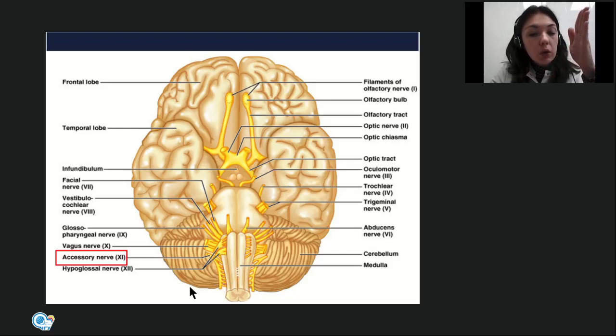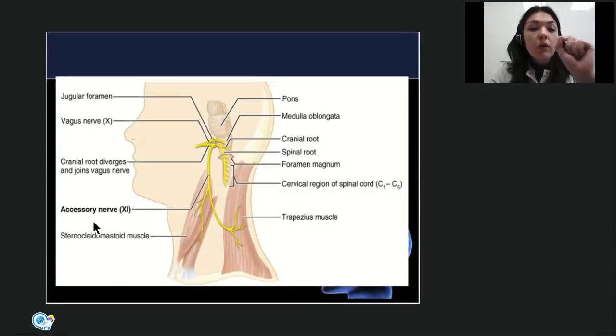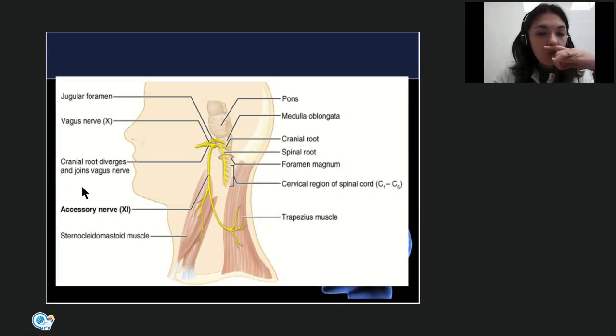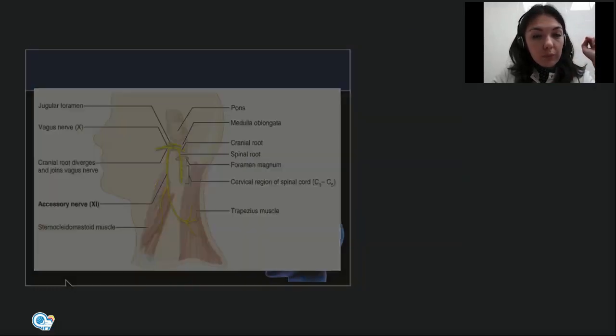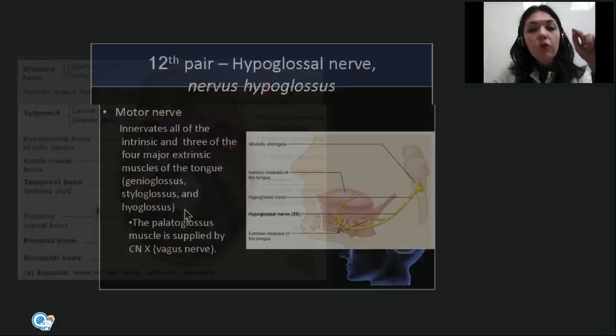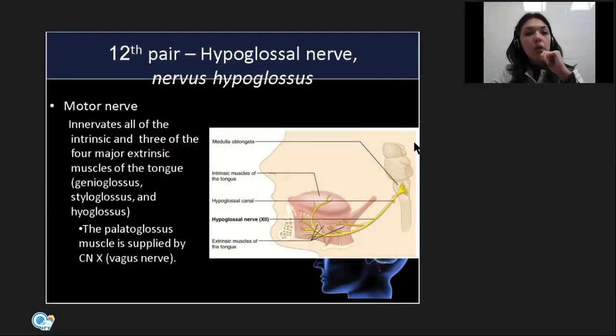And after that they join together, they leave the cranial cavity through the jugular foramen, and after that the accessory nerve is divided into two branches. One branch supplies the muscles we mentioned above, and the other branch joins the vagus nerve.